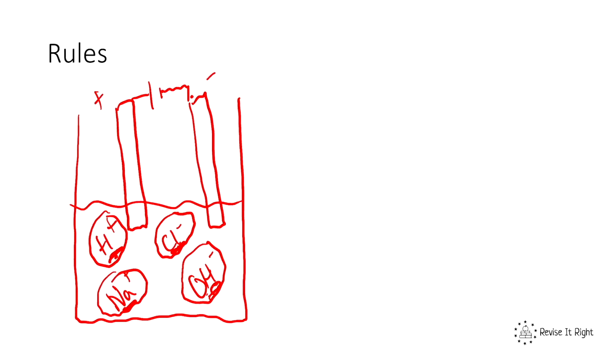Well, for us to understand that, we need to learn some rules. Two rules that we need to learn. Okay, so let's start with the anode. Now at the anode, we know our negative ions are going to want to form there.